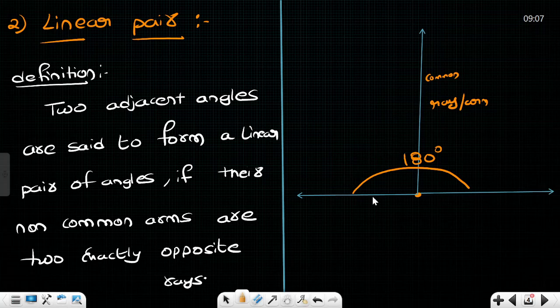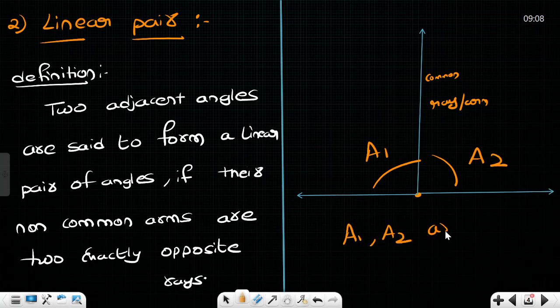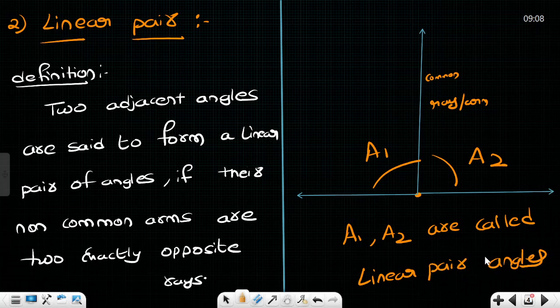Now these two angles, which two, sir? This one, angle 1 and angle 2. Angle 1, angle 2 are called linear pair angles. This is about the linear pair angles.